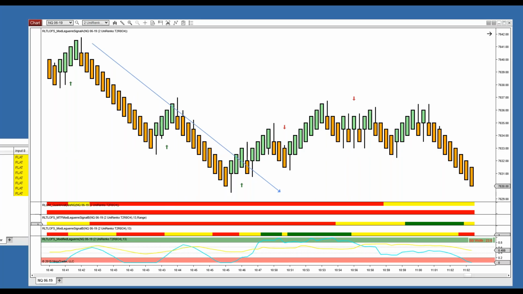Here's my tools, instruments. Let me put in USO. Hang on one second. I've got to do it again.